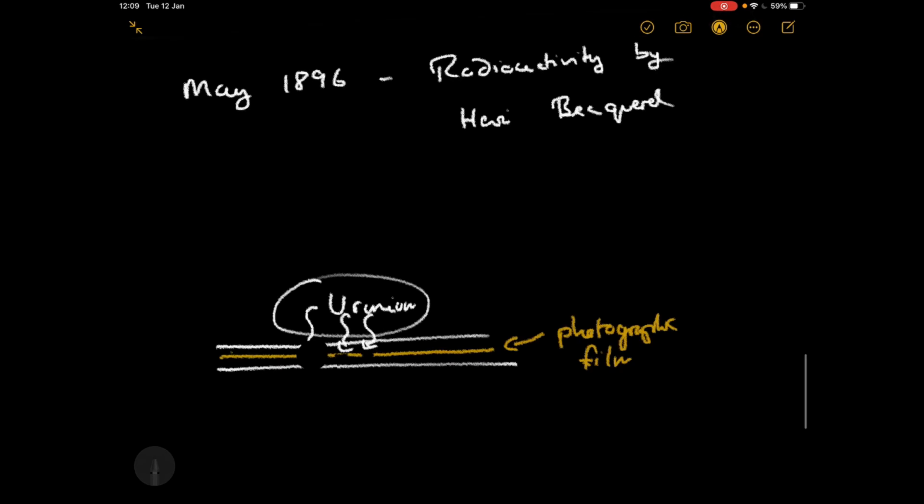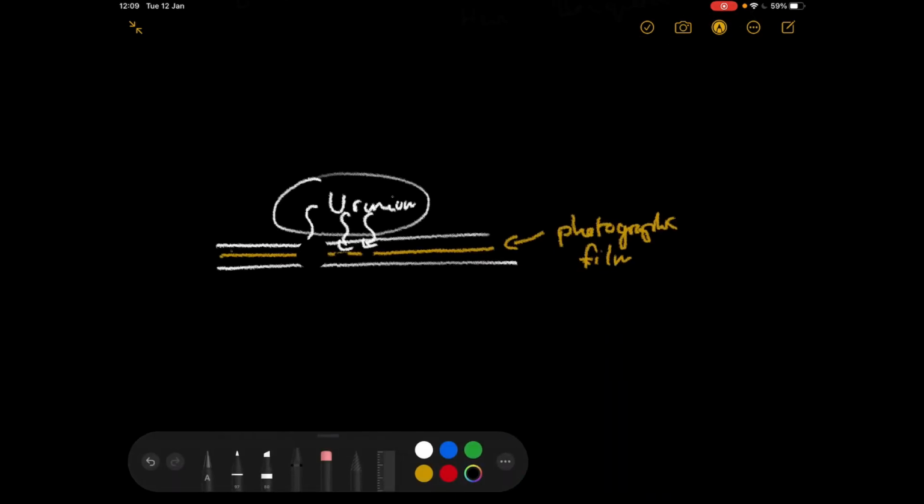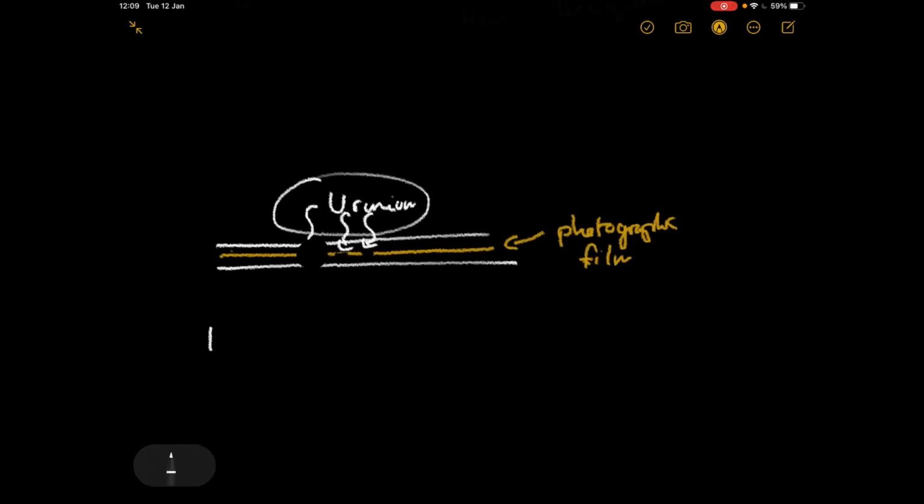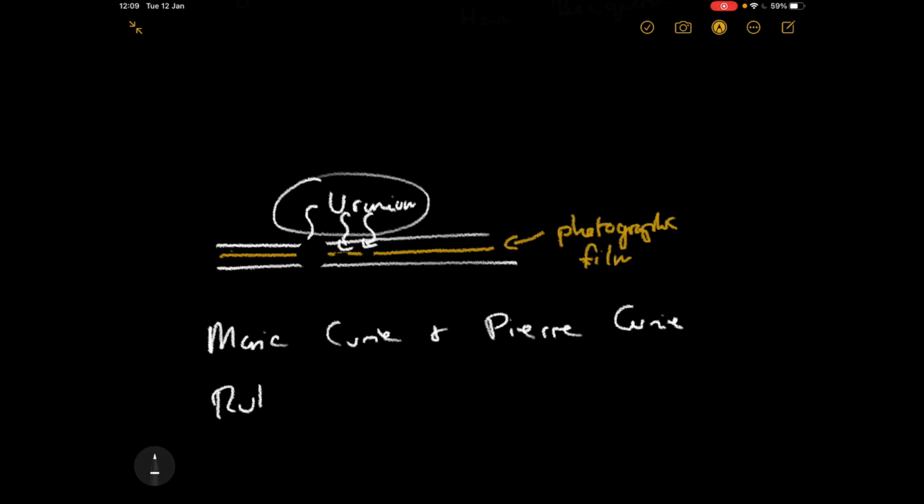But over time there was work done over the next few years by people that you might have heard of, Marie Curie and Pierre Curie, in finding more examples of things that had this impact. And then finally, a gentleman who was working at the University of Manchester called Ernest Rutherford, who was able to categorise that there were slightly different types of radioactivity that could do this.